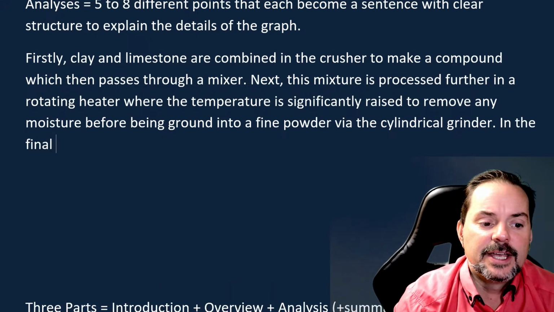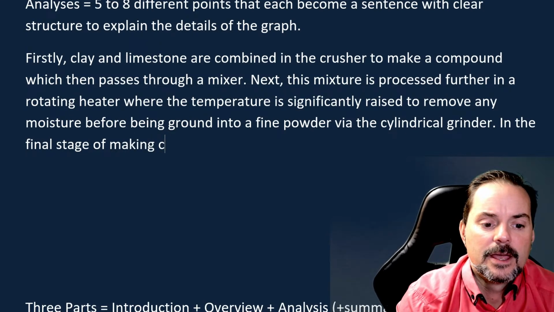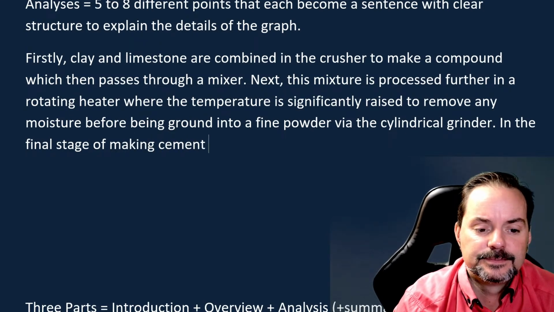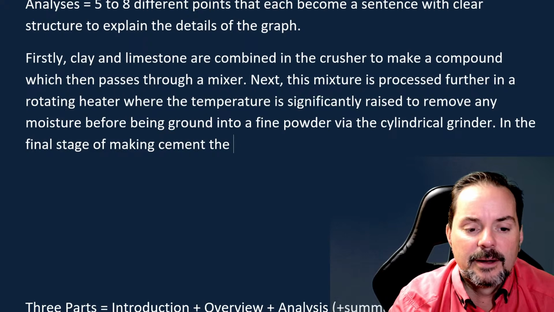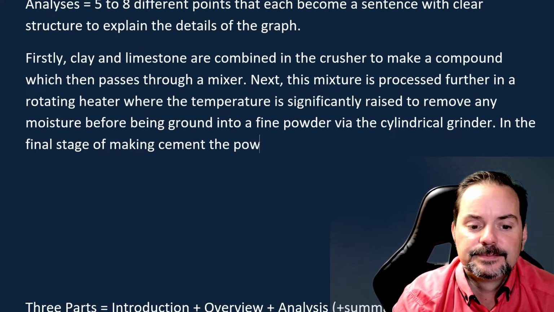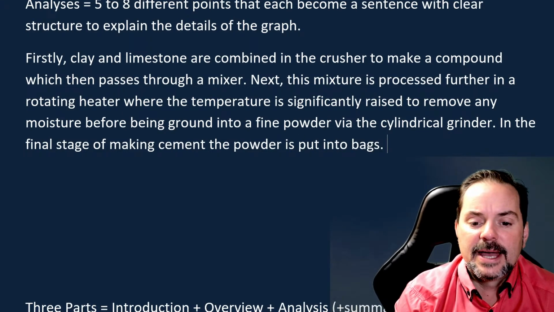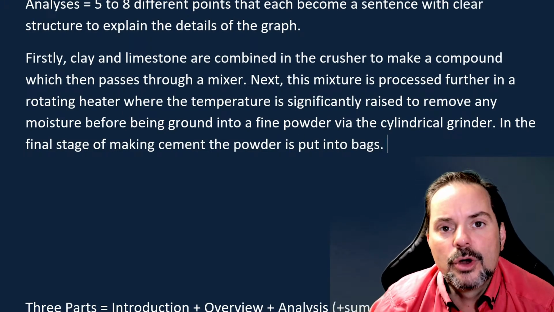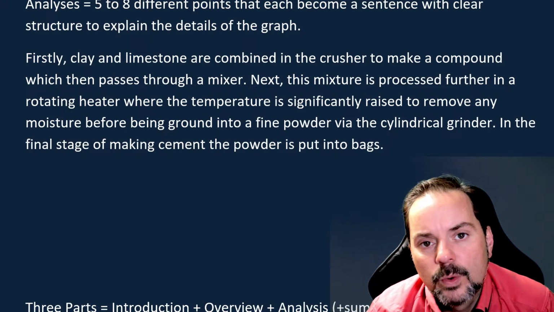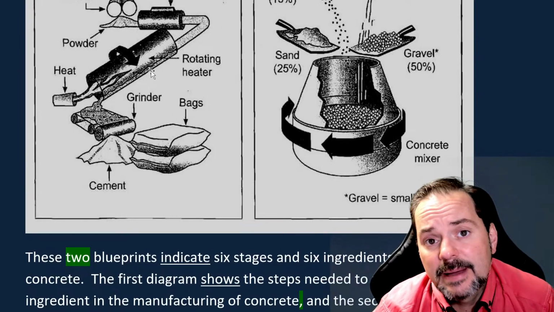In the final stage of making cement, the powder is put into bags. Now, notice here, everybody, that when you have a process like this, you're going to end up using the passive voice.